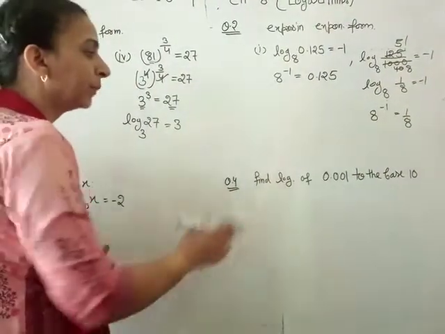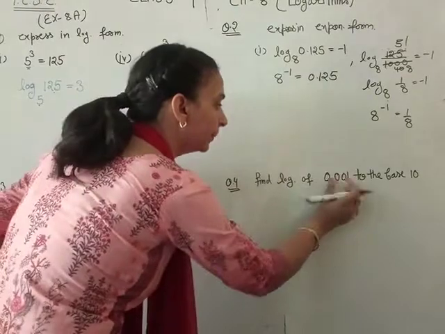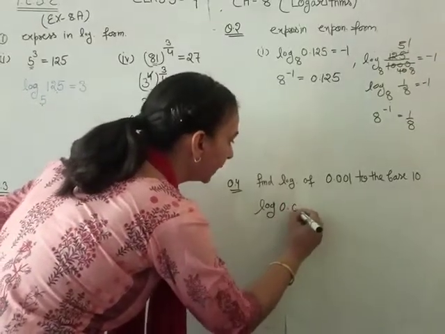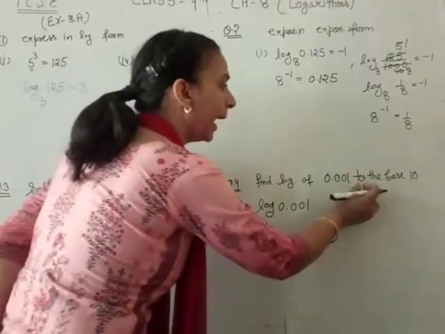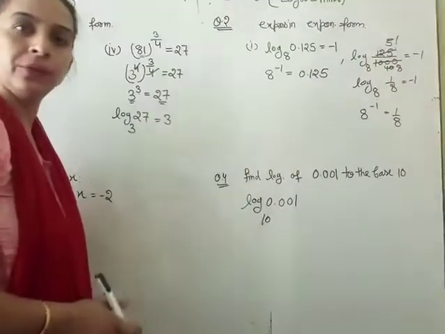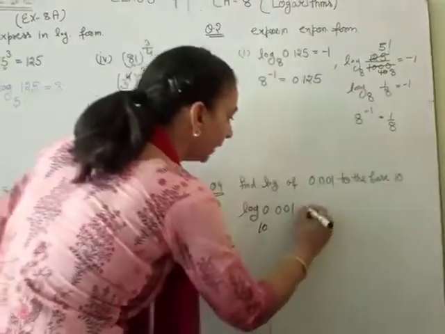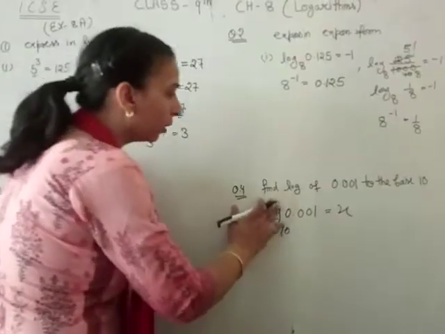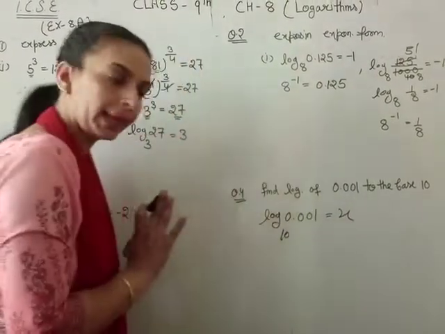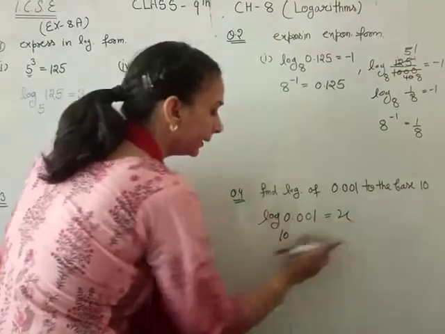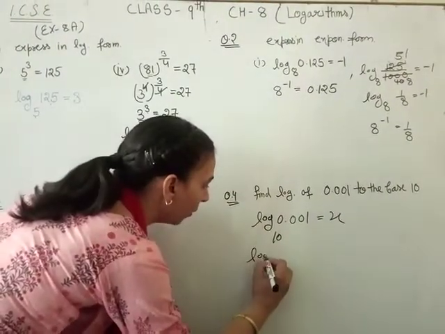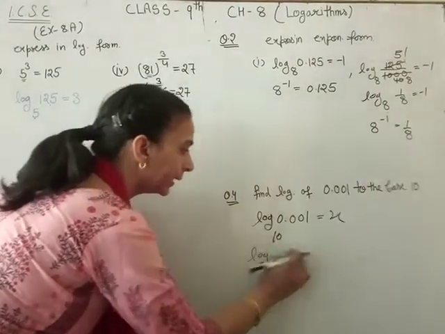We write it log of 0.001 at the base 10, then we find the value of this. Let log of 0.001 equal to x, and base is 10.